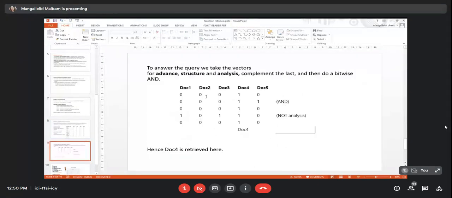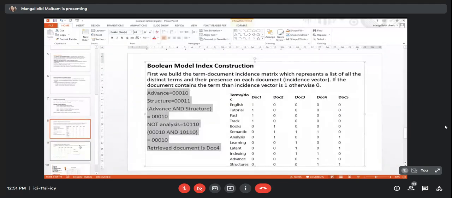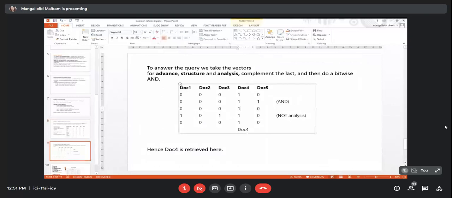So again, the calculation is shown here. To answer the query, we take the vectors and do this. What I have shown here is again shown on this page also. So the documents are written down.